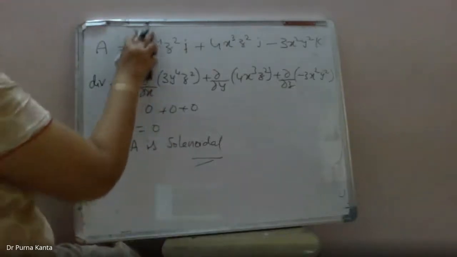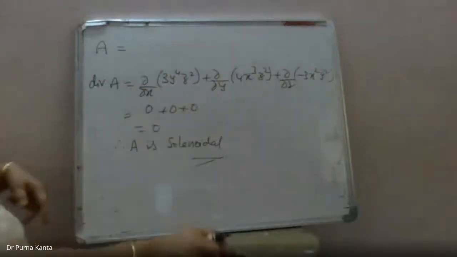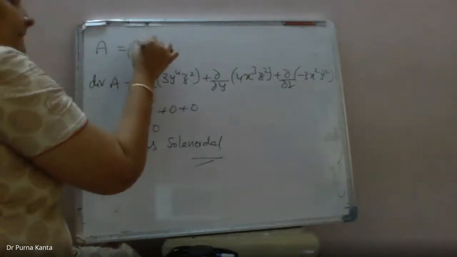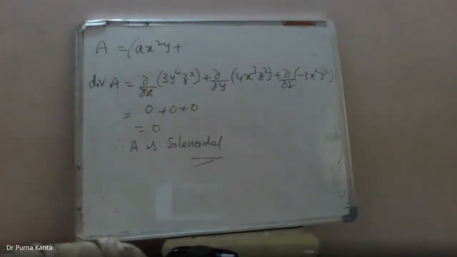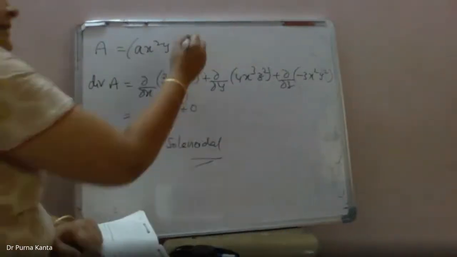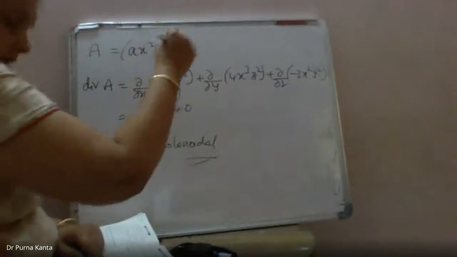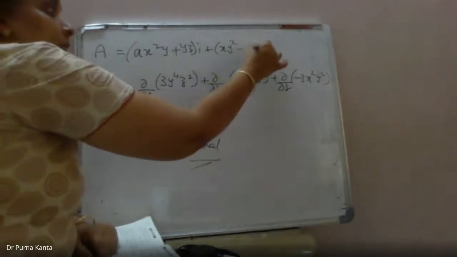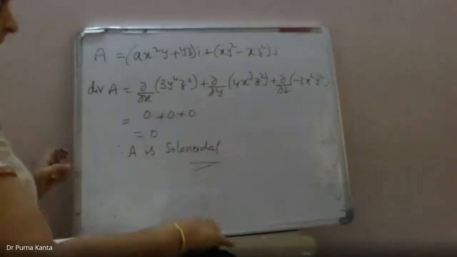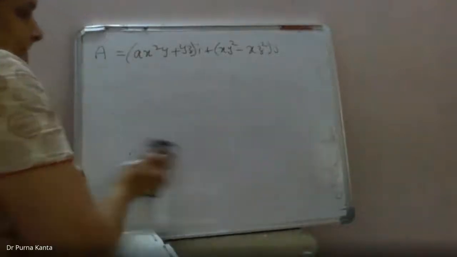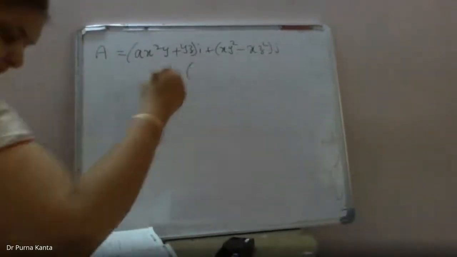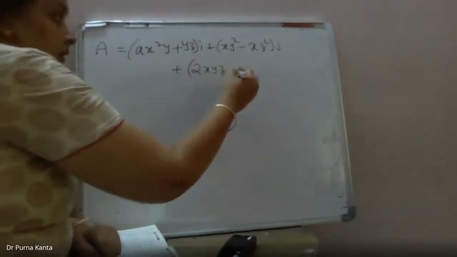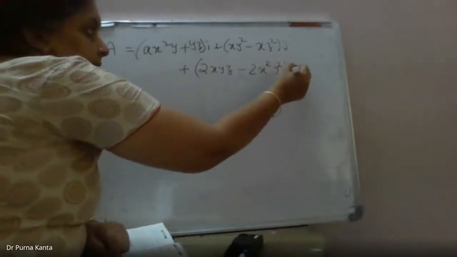Okay, take down the next one. If a is equal to (ax square y plus yz) i plus (xy square minus xz square) j plus (2xyz minus 2x square y square) k.